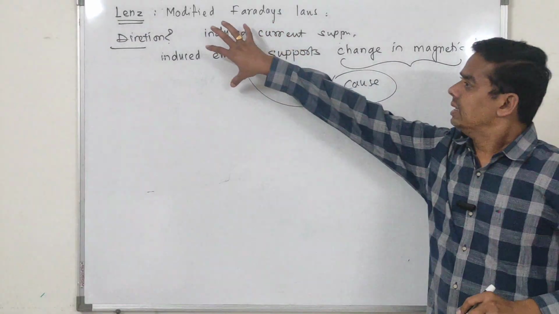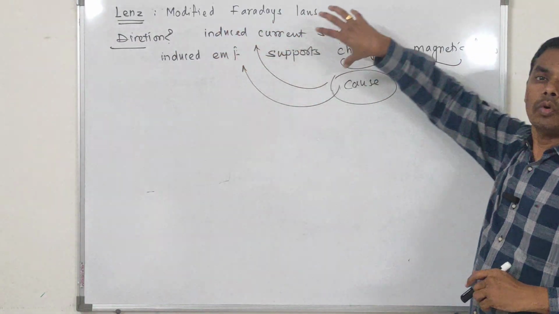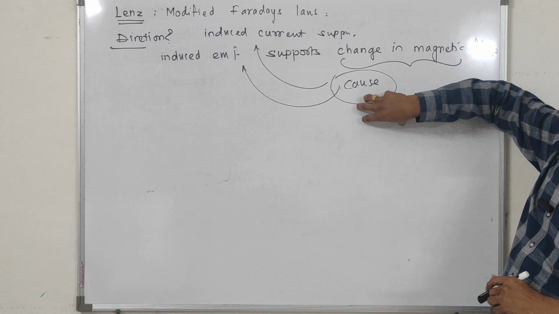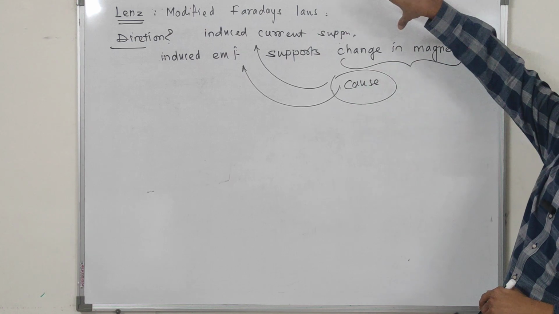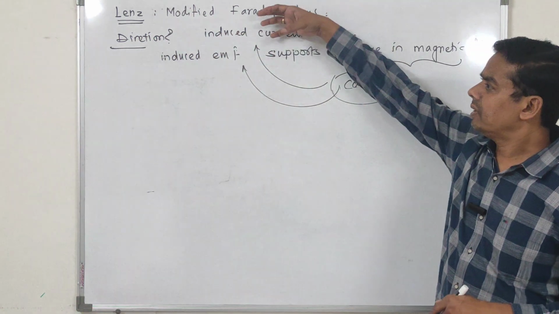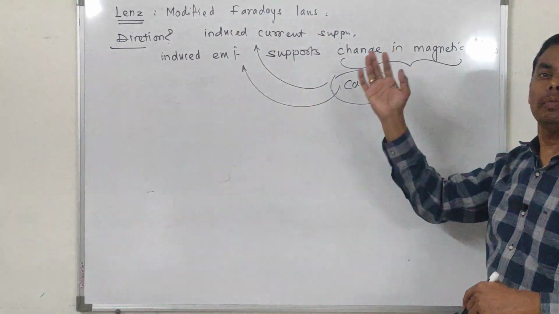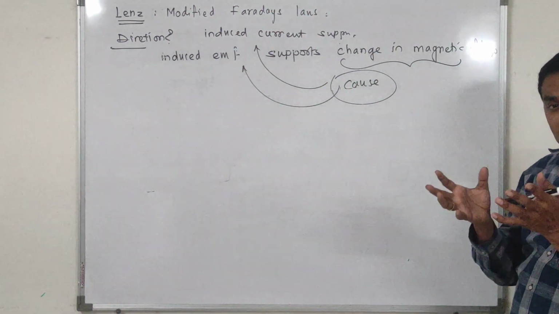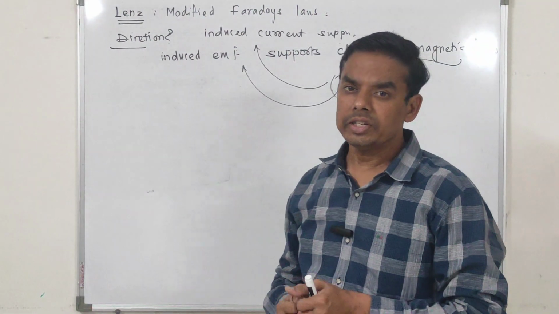So if these two are supporting their cause of production, then the flux will again increase. It will ultimately increase induced EMF and induced current, and the process will go on, which is a contradiction to the law of conservation of energy.